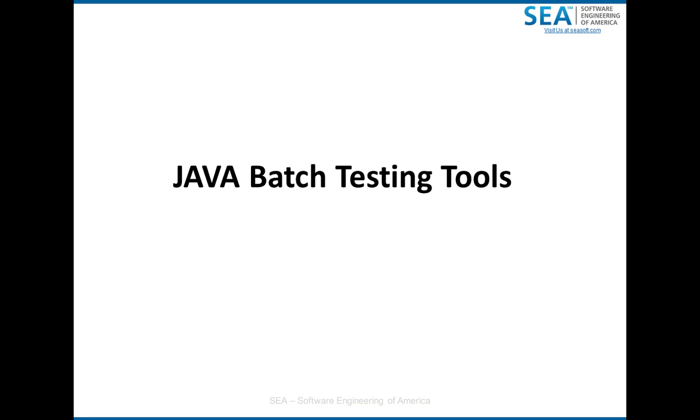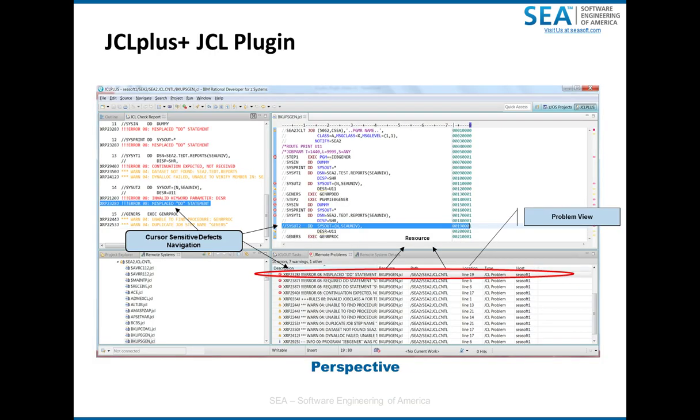With all that being said, then what we have done at SEA is encapsulated into our JCL product, or JCL Plus product, features and functions that also provide for validation of JSL. Now, this first particular slide I'm showing you is an example of our integrated development environment, our plugin for JCL. So those of you who are familiar with JCL will recognize this particular panel's editing some JCL.